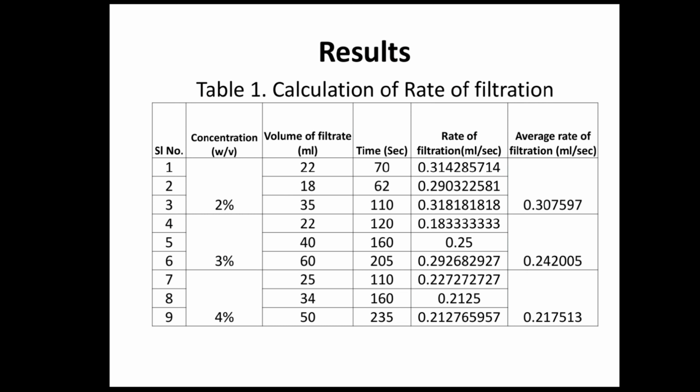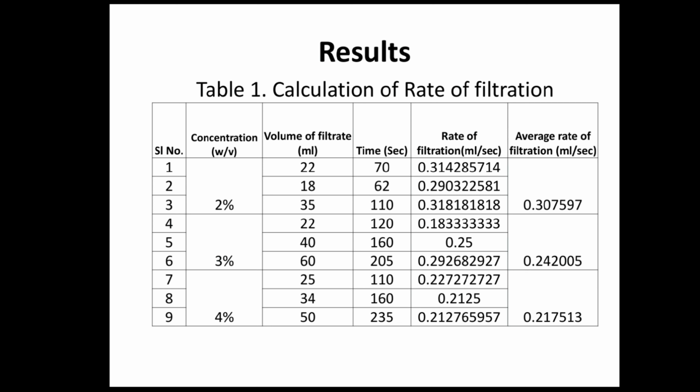Column 5 shows the rate of filtration, which is calculated by using the formula rate of filtration equals to volume of filtrate divided by time in second, and average rate of filtration is shown in column number 6.